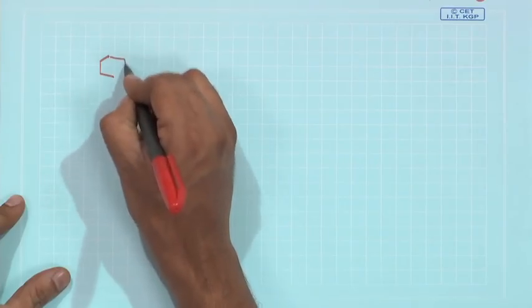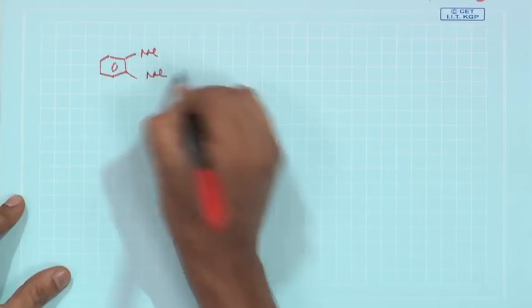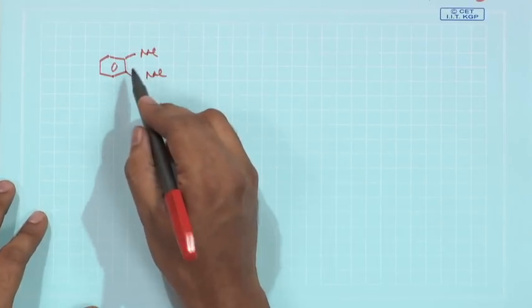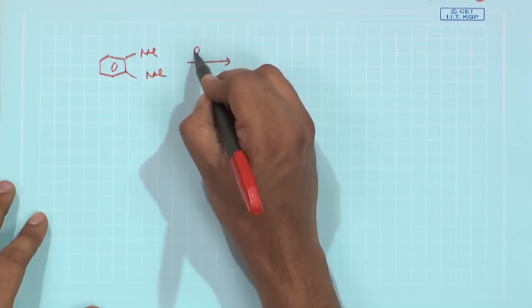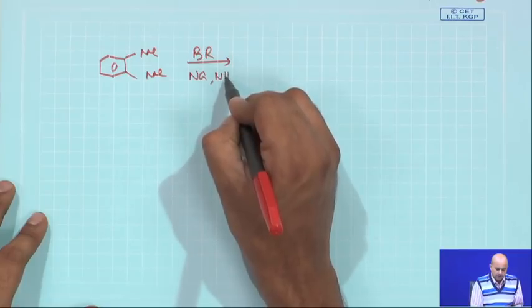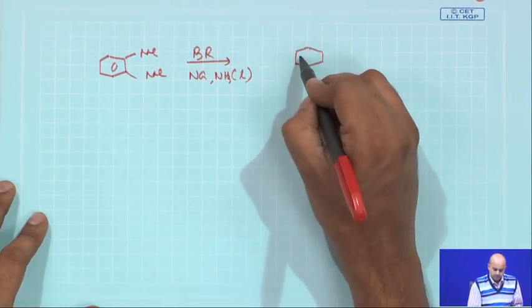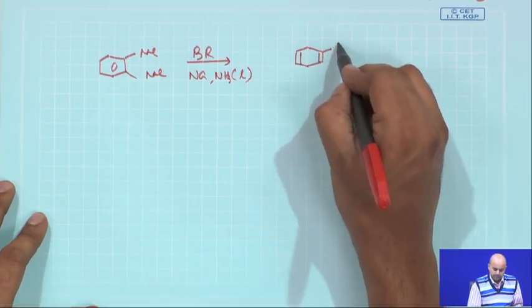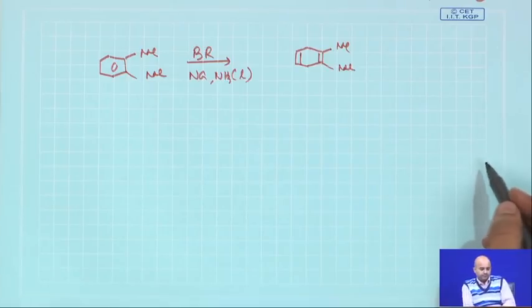In this particular case, xylene was used as the starting material. The xylene molecule has 2 electron releasing groups on the benzene ring. So, you do a Birch reduction with sodium and liquid ammonia, and based on the regiochemistry you will get this compound.